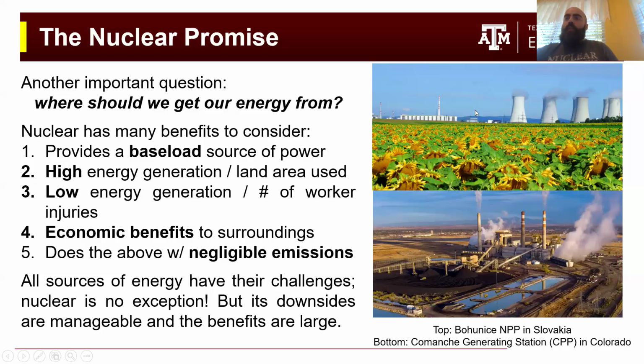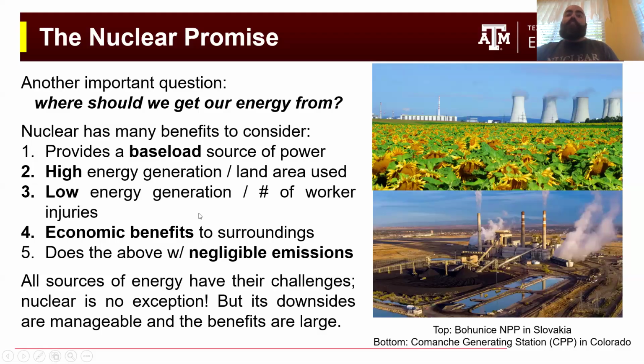Nuclear power plants are also very land efficient in that you can generate a lot of energy on a very small land footprint. Nuclear power also has a low ratio of the amount of energy generated to the number of... I think this ratio should actually be flipped. It should have a very high energy generation per number of workers injured.